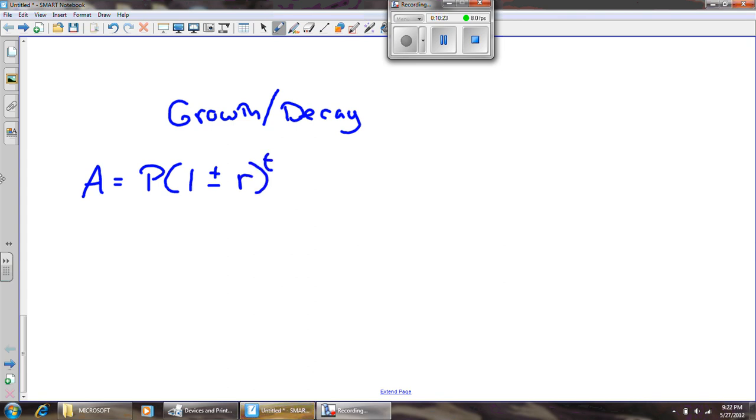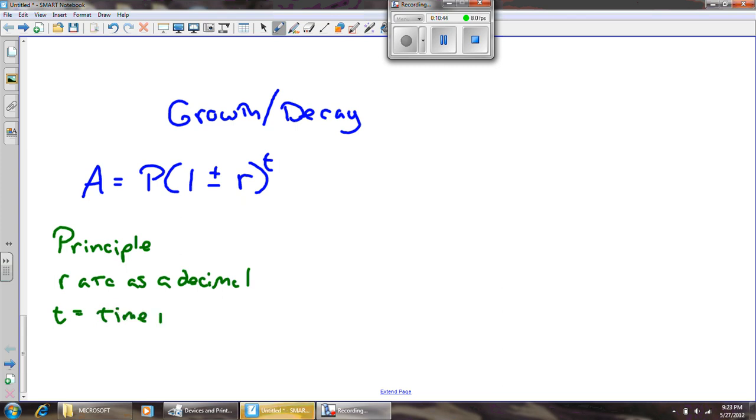Remember that P is the principal, and that's the money that was invested. R is the rate as a decimal. T is the time in years.